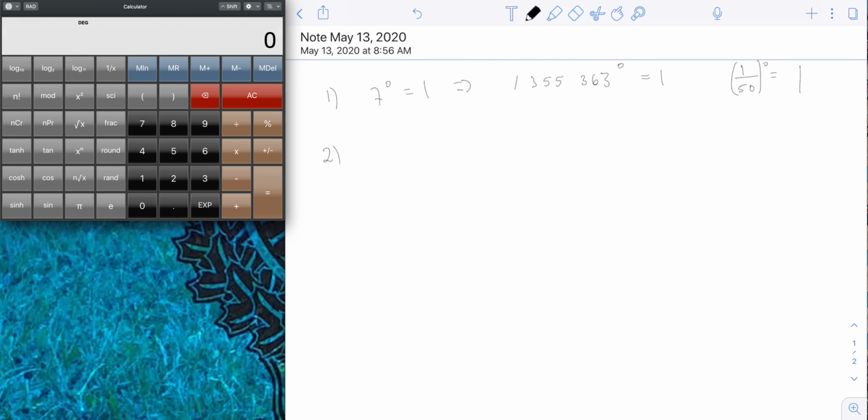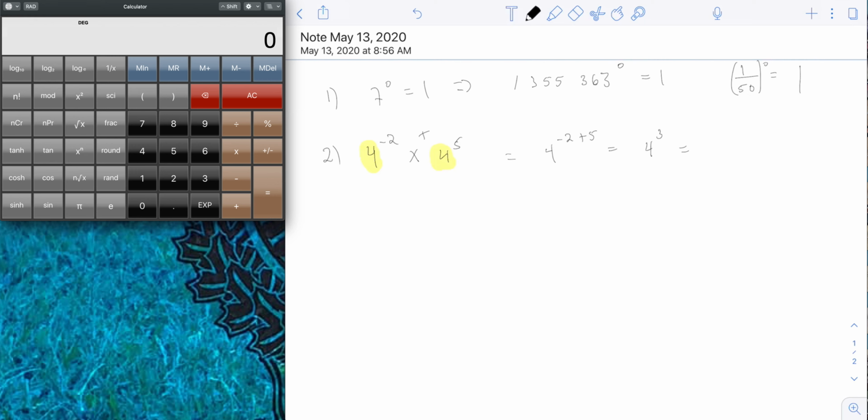And then for something that's like base to base, you're going to have something like maybe 4 to the negative 2 multiplied by 4 to the power of 5. We know that when we multiply things of the same base, we have to add the exponents. So you're basically going to get 4 to the positive 3, negative 2 plus 5, which is going to equal 4 to the power of 3.